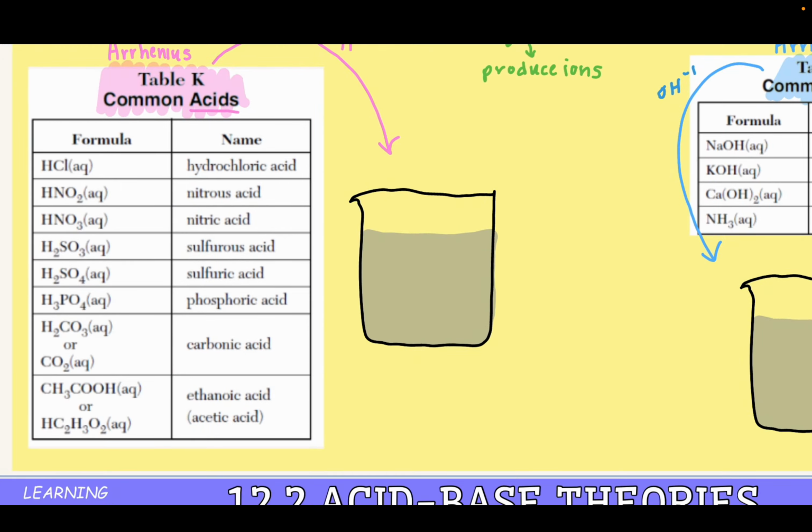By looking at Table K, we can also notice that for the most part, all of these acids start with hydrogen. That indicates to us that this would be an acid. When these acids are dissolved in water, they're going to be releasing those H pluses into that solution. For example, let's do nitrous acid, HNO2.